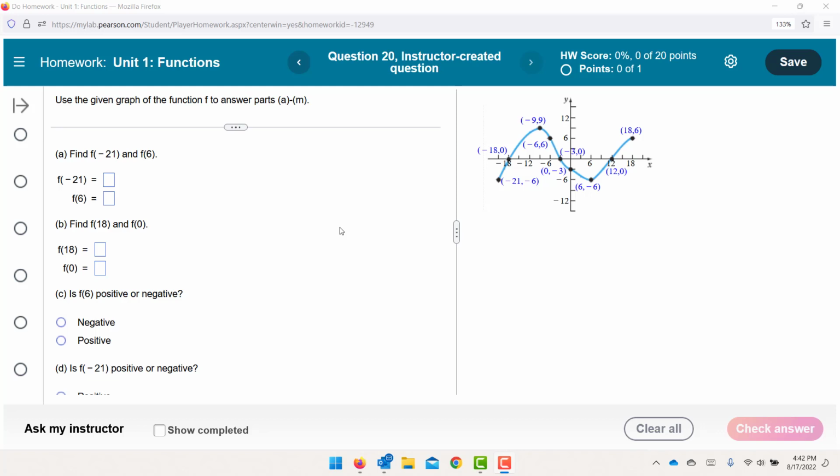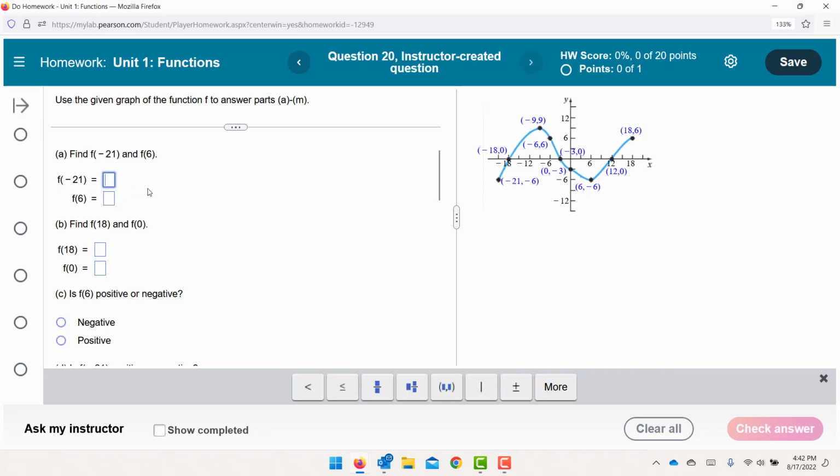So that means that f of -21 is the y value when x is -21. Looking at the graph, this curve has the point -21, -6. So when x is -21, y is -6. F of something is the y value, so it's asking for the y value of -6.